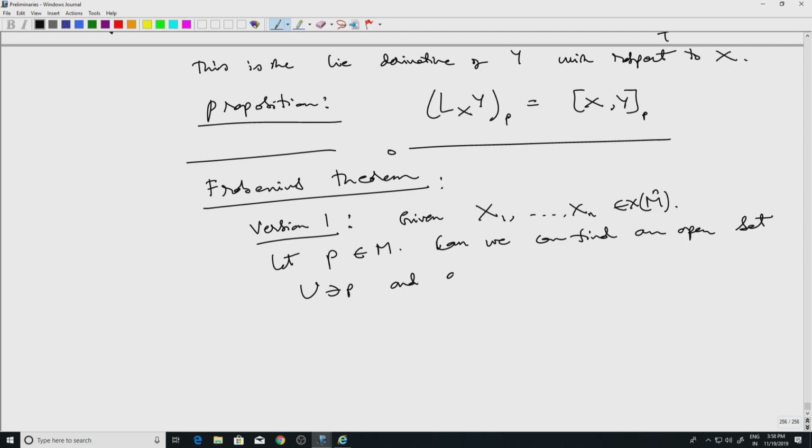and a diffeomorphism phi from U to U1 in R^n such that X_i equals del by del x_i in this chart.